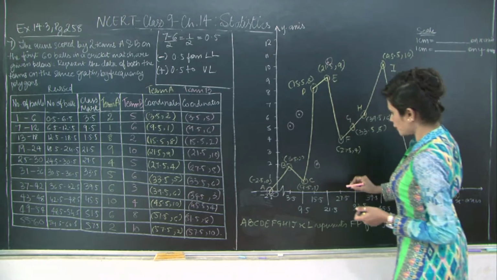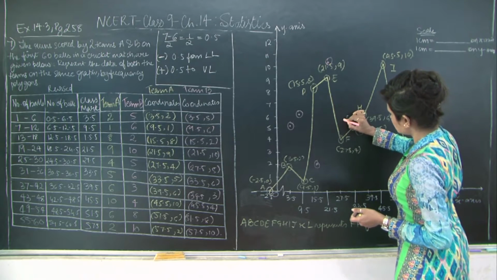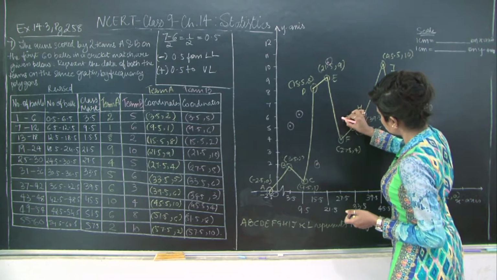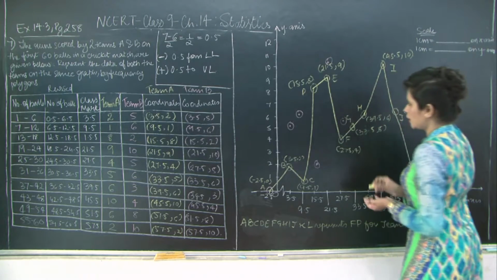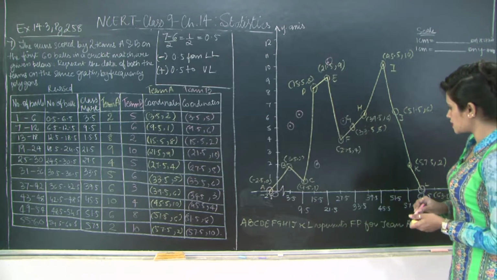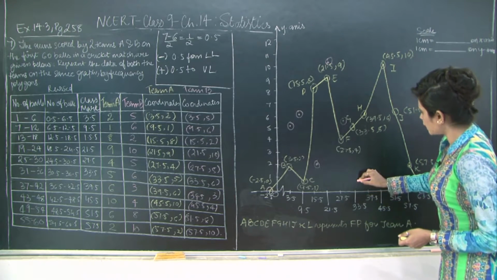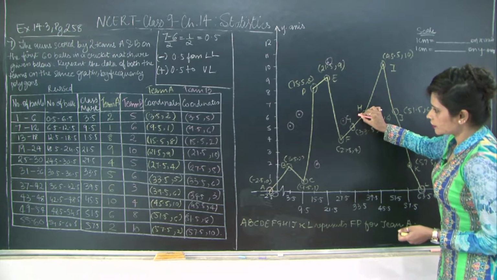Then 27.5 comma 5. So that will be here. Then we have 33.5 comma 6, which is here.